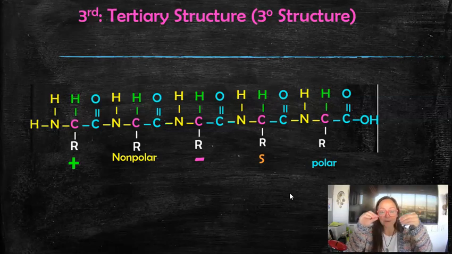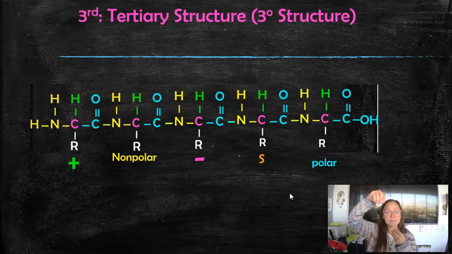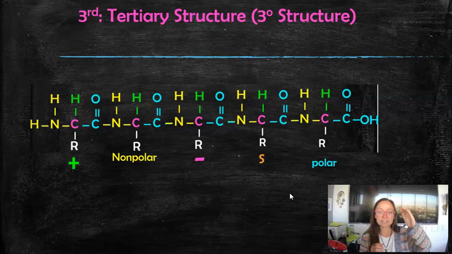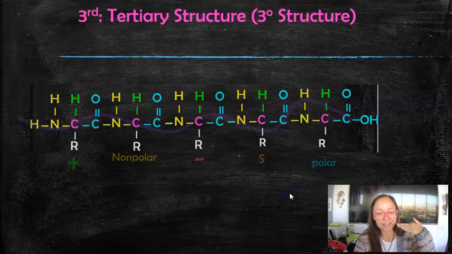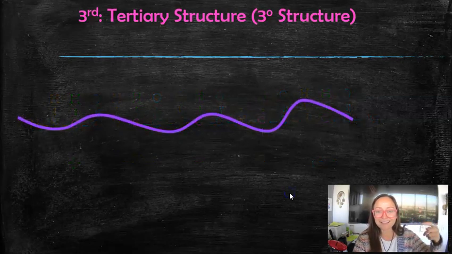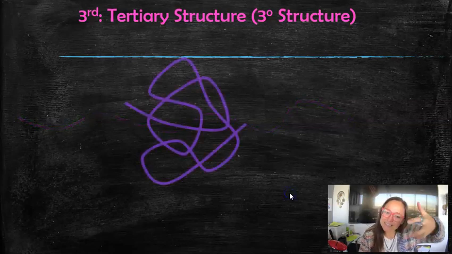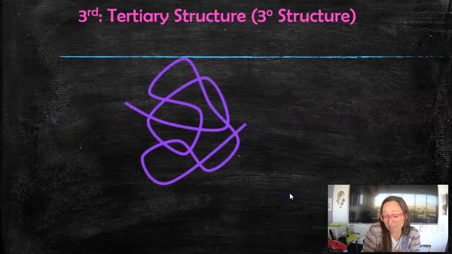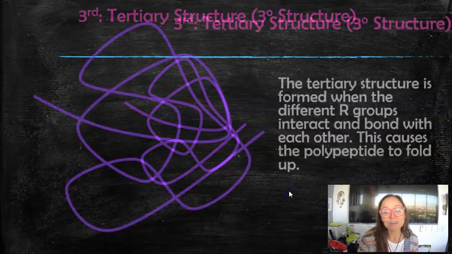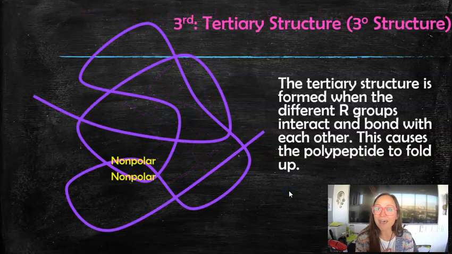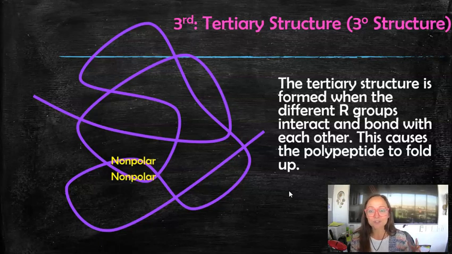So as we have this polypeptide that is now folded up into an alpha helix or a beta pleated sheet, now these R groups are going to begin to interact with each other, beginning that 3-dimensional shape of the protein. So here I'm going to just use a squiggly line to represent our polypeptide, and then now those R groups begin to interact with each other. That could mean repel or attract to each other.